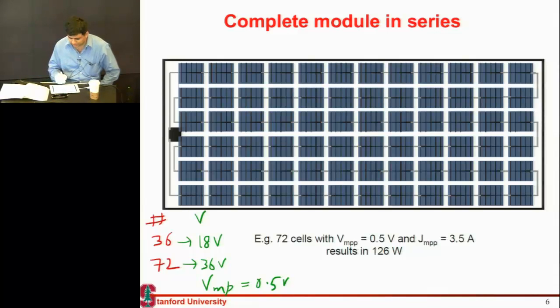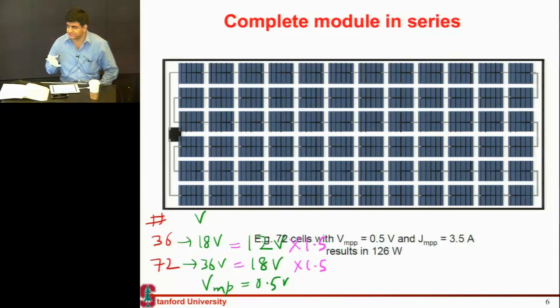A lot of batteries operate at 12 volt or 18 volt, and it's recommended that when you are charging these batteries, you charge with a voltage which is 1.5 times that. So you achieve that by connecting these 36 cells in series, or these 72 cells in series.